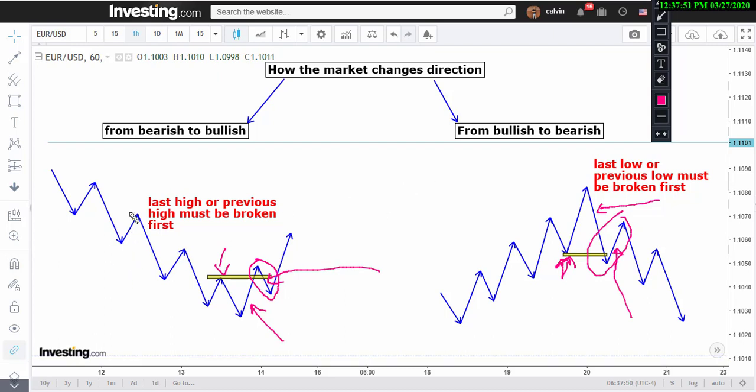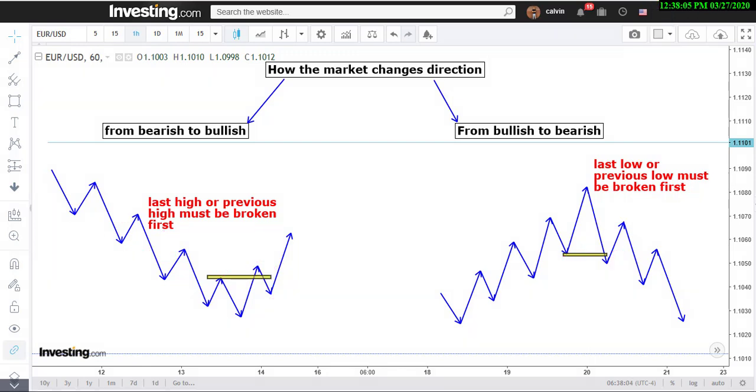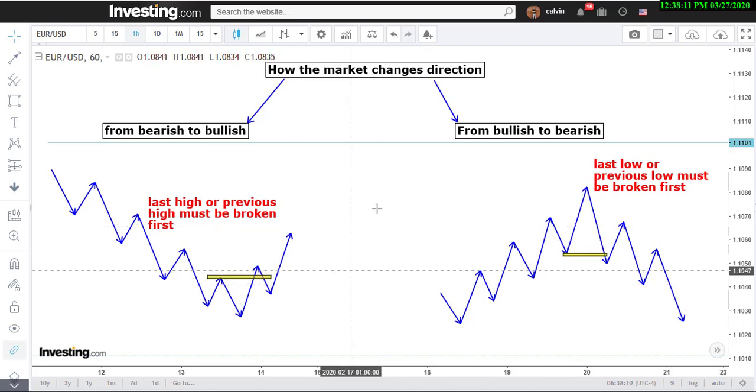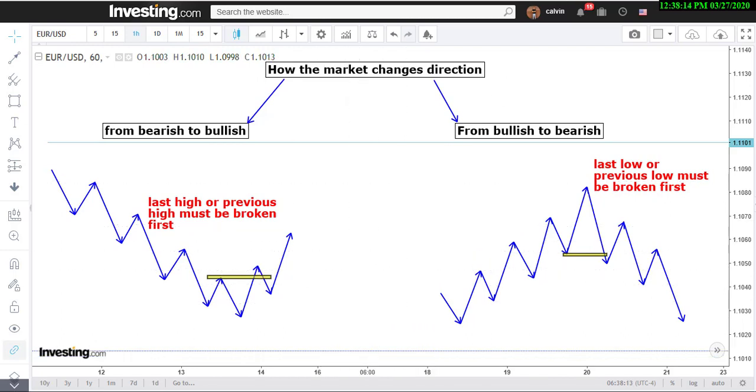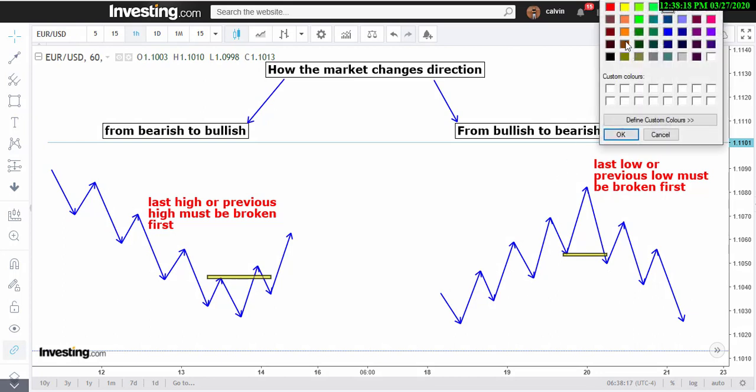Even when the trend is moving to the downside, this piece here is very aggressive, but these pieces here are very slow. So I hope you understand this concept, because let me show you again one more time before we move on.